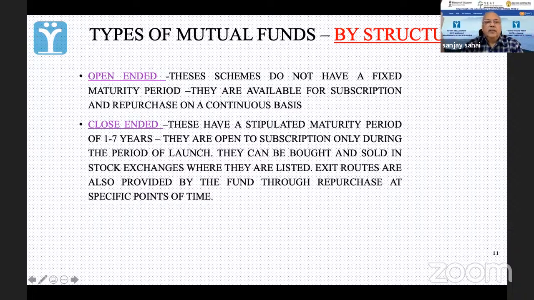Now, we have open-ended funds, which basically keep functioning. Investors come, they stay for a while, then they sell their units and go off. They're replaced by other investors, but the mutual fund continues. There are many funds like that, which have been there for a very long time. Then you have, of course, close-ended funds, which have a fixed maturity period.